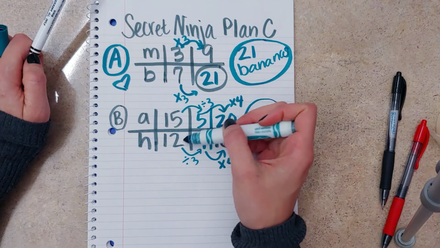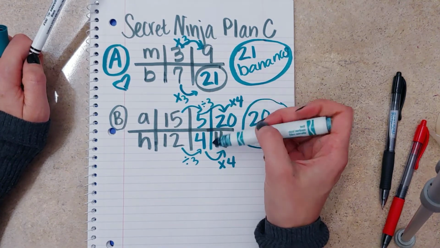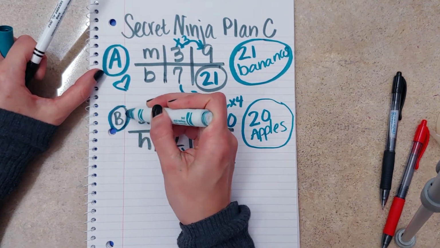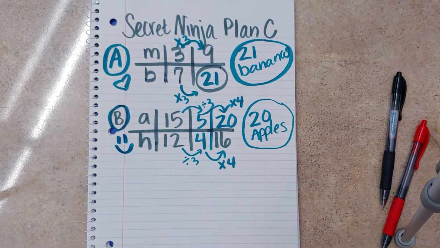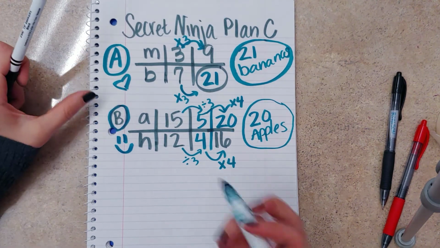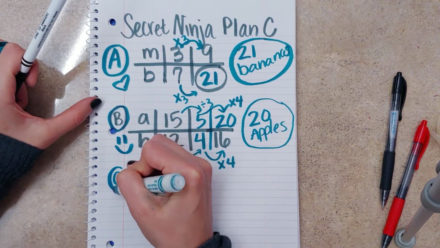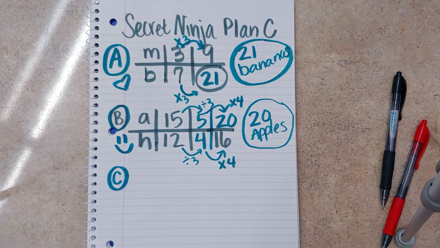It's a ratio, just a fancy fraction. We can simplify it. Plan B is awesome, and we like plan B because it's just a little bit more work. But is it always going to work? We wish, but alas, no. There are so many numbers. So instead, dun, dun, dun, dun, here comes our secret ninja, plan C.